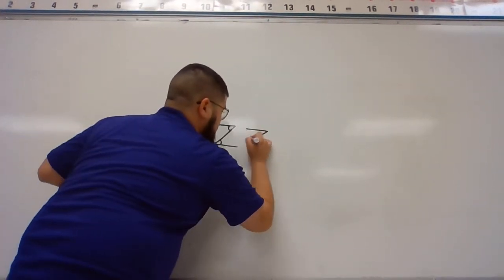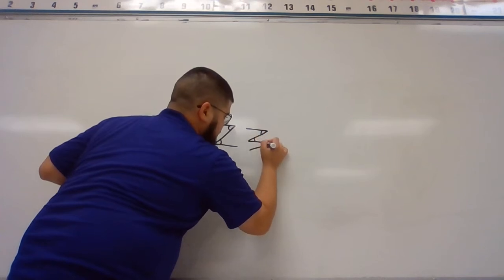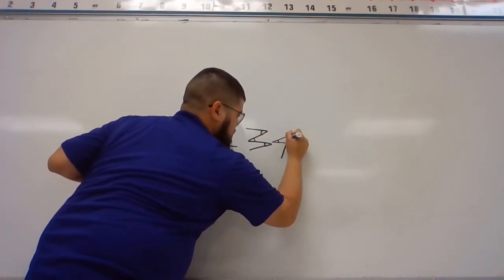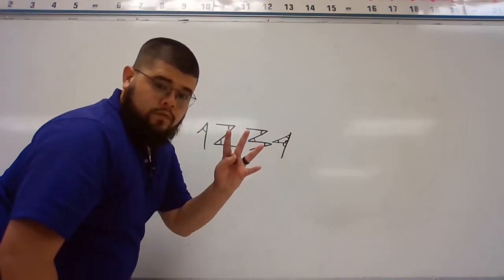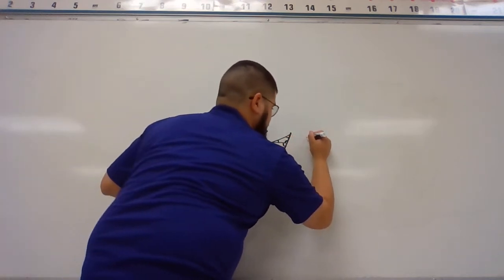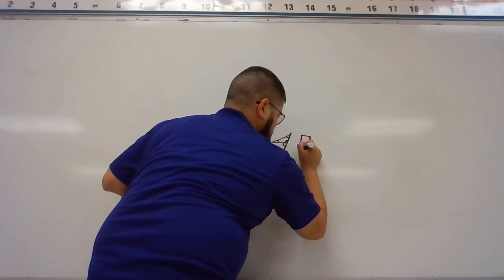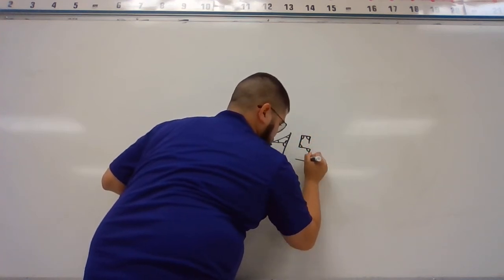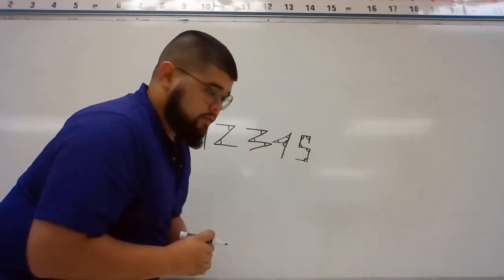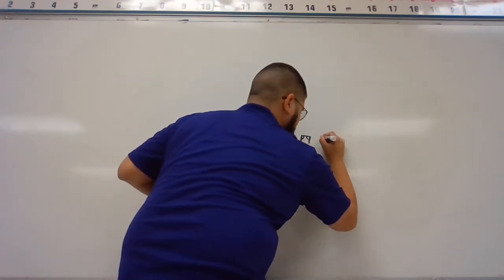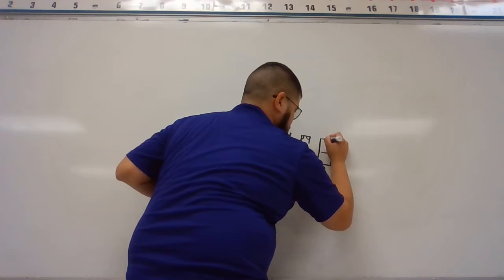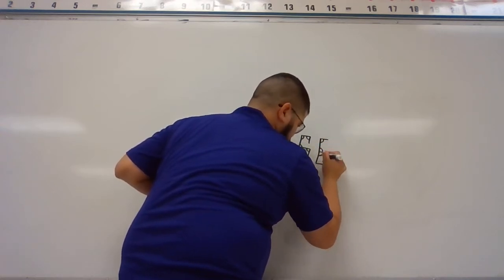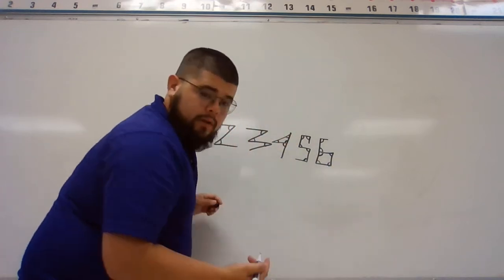And then number three, four, five, right? Two, three, four, five, six. The number six.